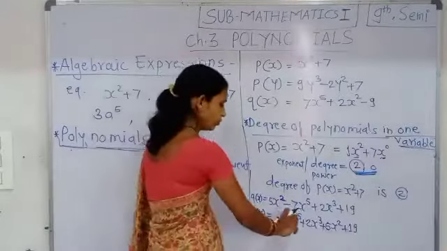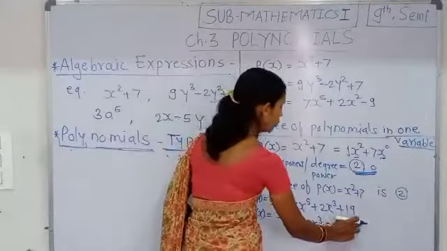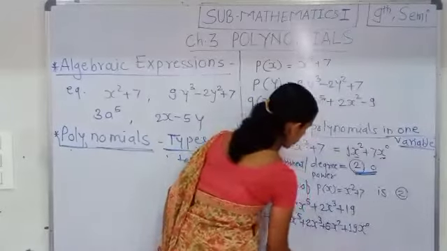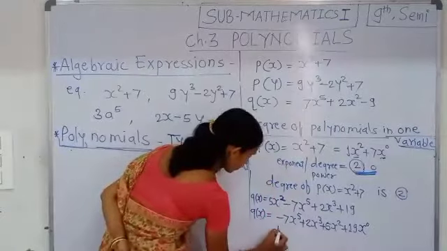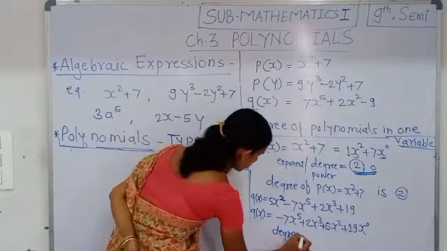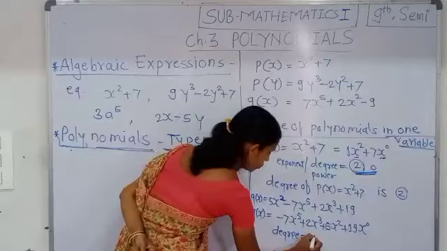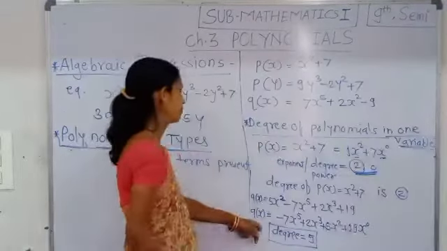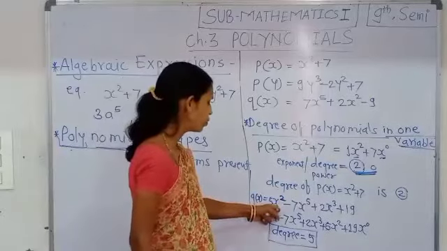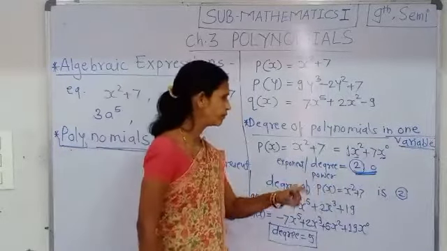Then see here 5, 3, 2 and 19x raised to 0. Therefore the highest degree, or highest power, of the x variable is 5. Therefore the degree of this polynomial is 5.